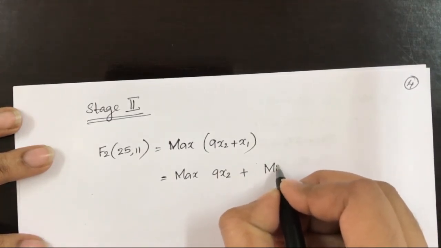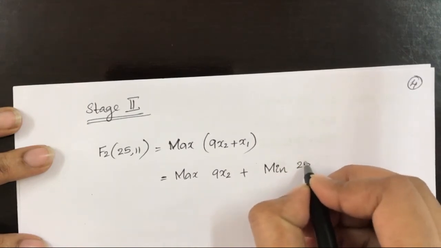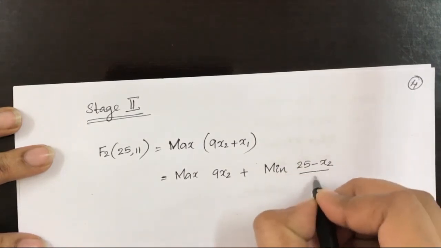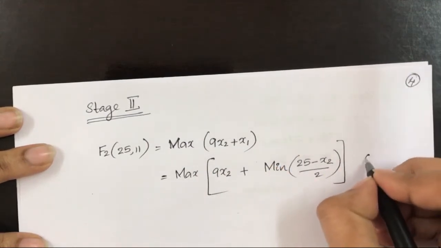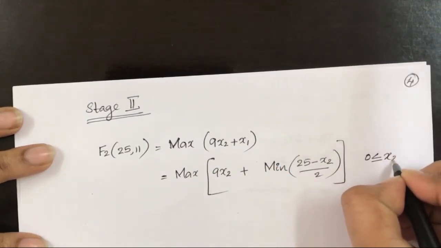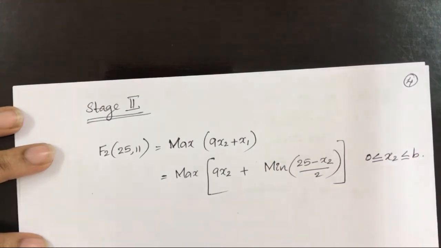Minimum of 25 minus x2 divided by 2 where 0 less than or equal to x2 less than or equal to b.